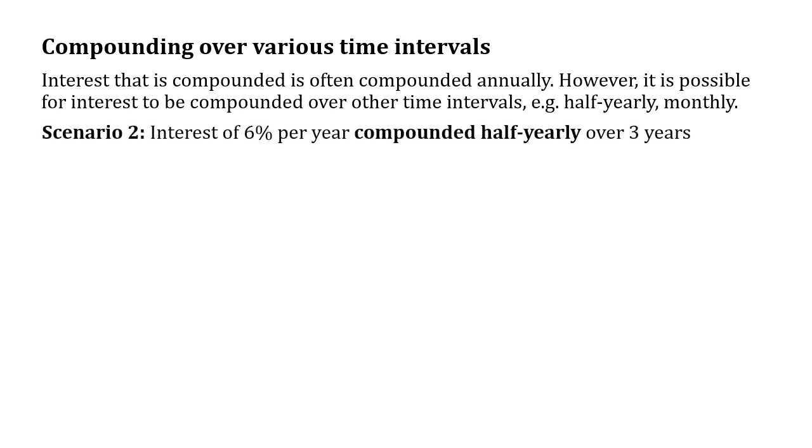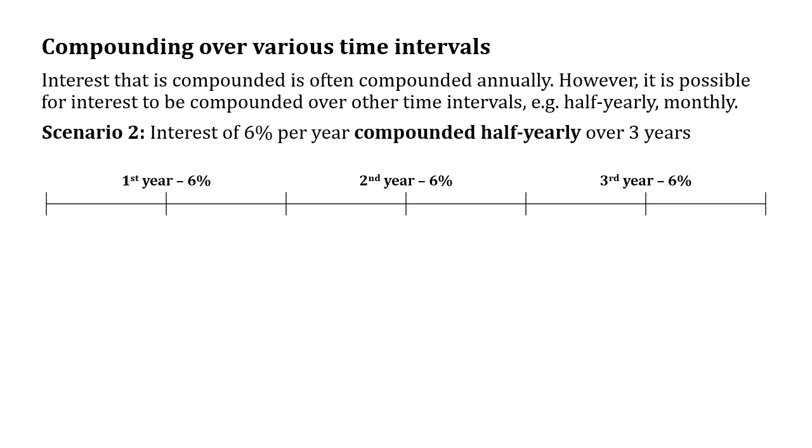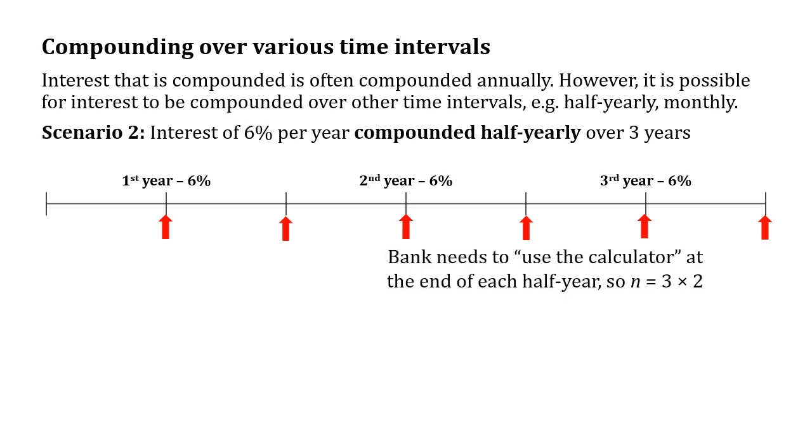And if we look at another scenario where the compounding is half yearly, same thing using the timeline, we need to cut each year into 2. How many times must the bank so-called take out the calculator to calculate interest earned? Not 3 times, but 6 times. 3 times 2. And each time, what is the interest rate used? If the interest rate used is 6% for one whole year, what is the interest earned in half a year?